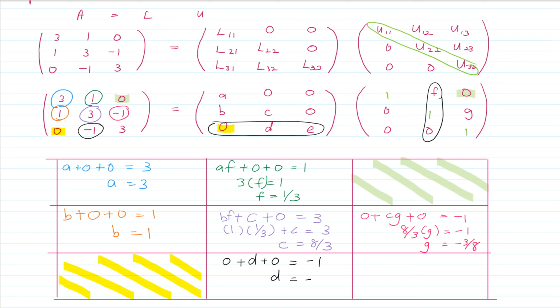So we get D equals minus 1. Okay, then the last one.